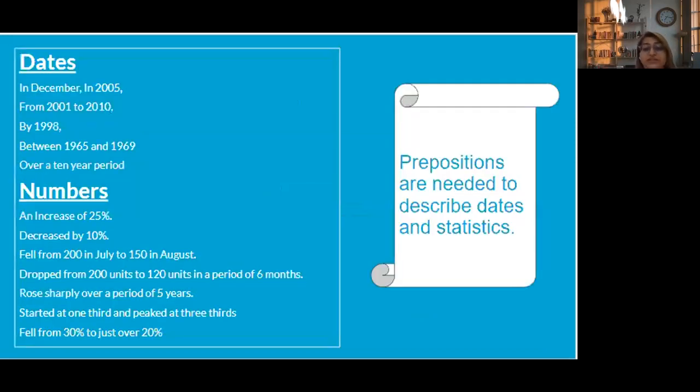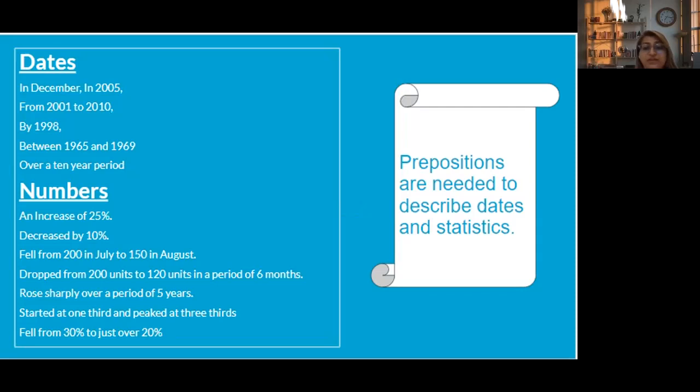Talking about dates, how you will be describing dates in report writing: in December, in 2005, from 2001 to 2010, by 1998, between 1965 and 1969, over a 10-year period.